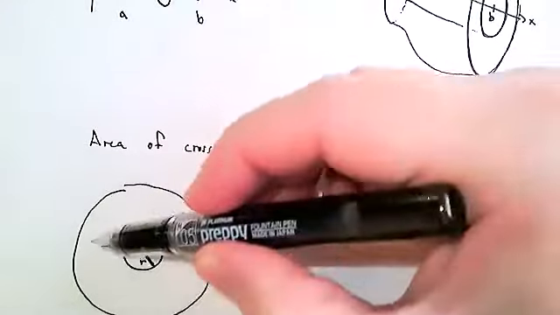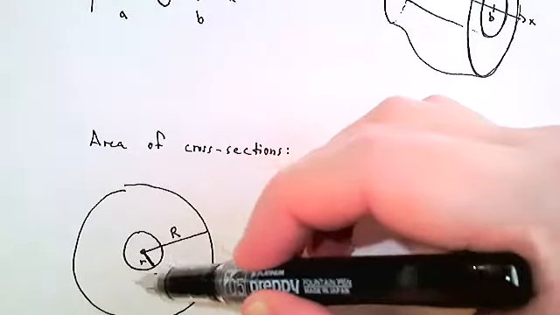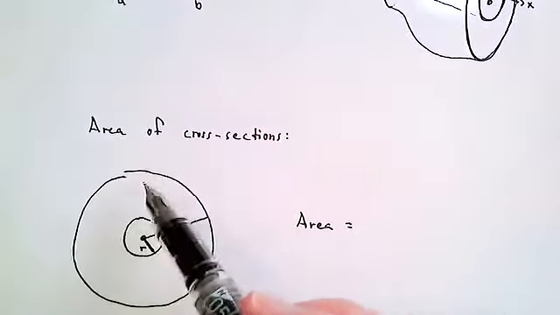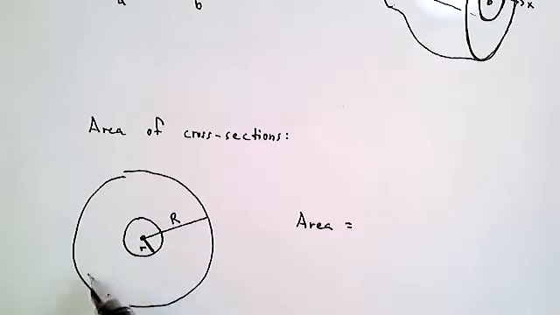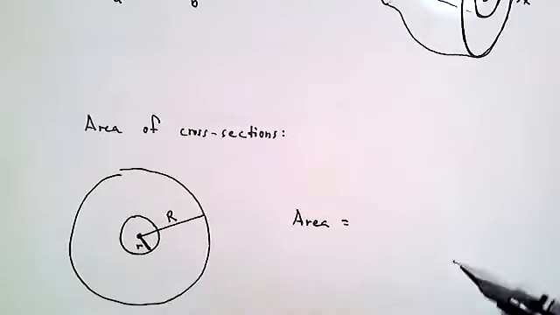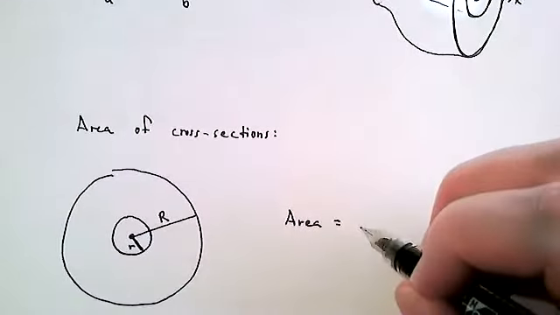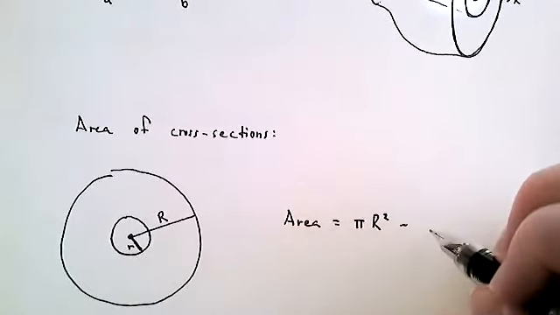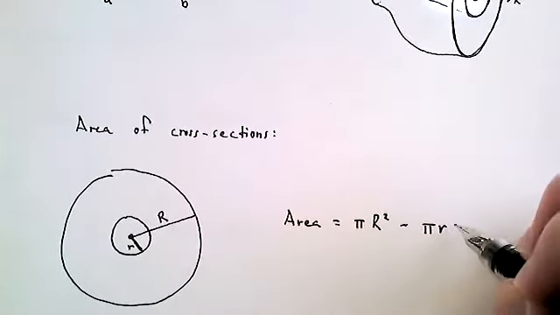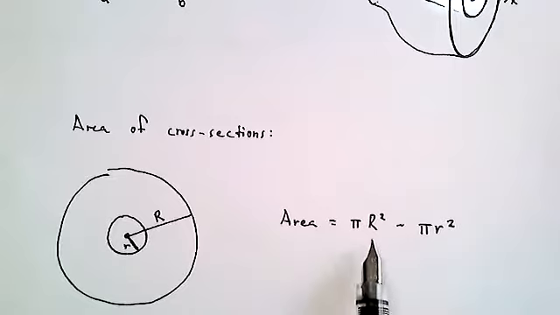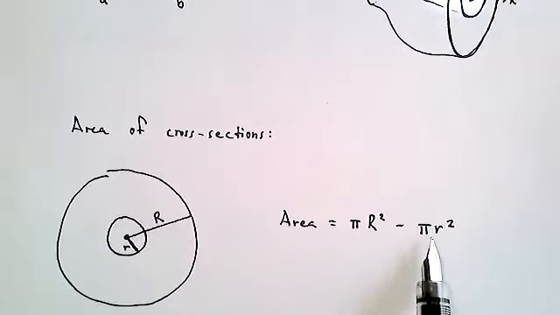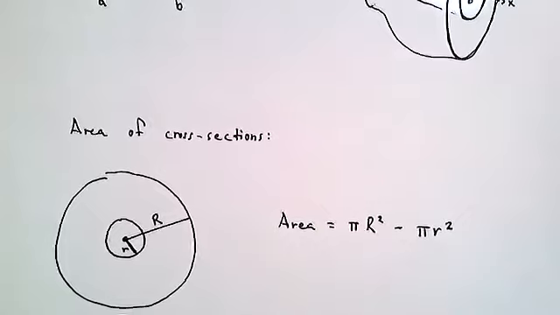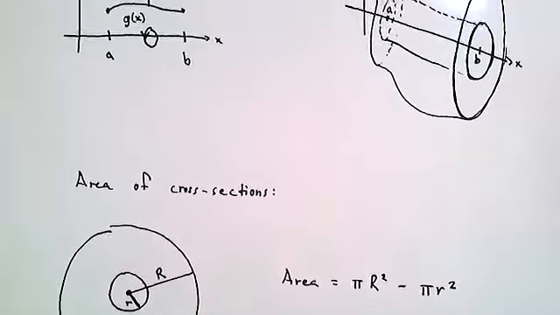And if we want the area of this region, the simplest way to do that is take the biggest area, the area of this whole circle, and then punch out this little bit by subtracting off the smaller area. So what we get is pi capital R squared, that's the bigger circle, and then we subtract pi little r squared. So we have the big area and we punch out the small area. And that's the idea.